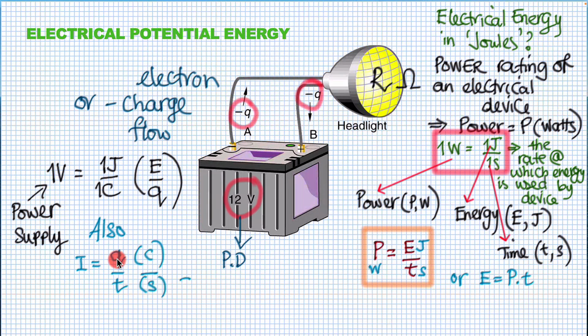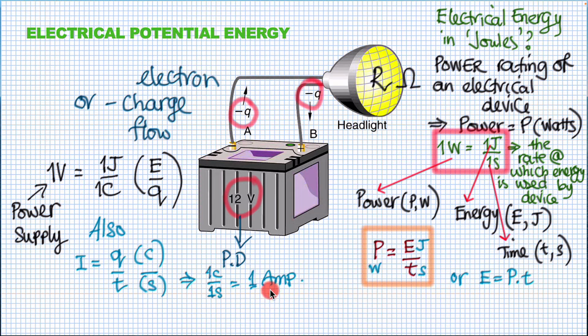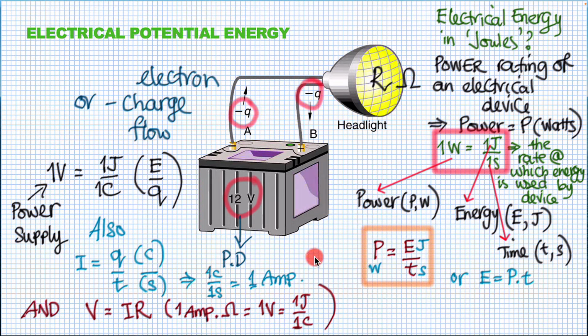And we also know that the current is represented by the amount of charge that flows per second, or coulombs per second, which in effect is equivalent to 1 amp. Also, from Ohm's law, we know that V is equal to I times R, so the current and the resistance in ohms is equivalent to 1 volt.